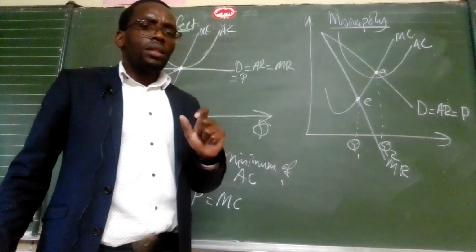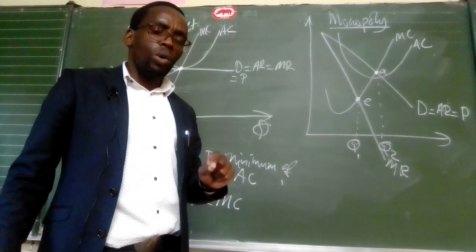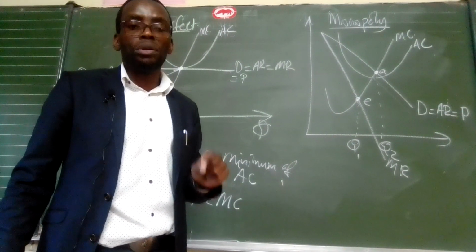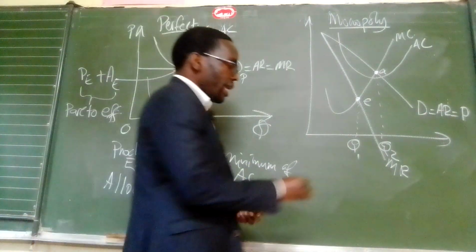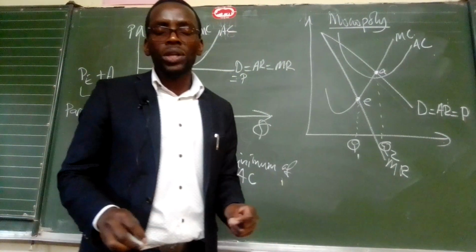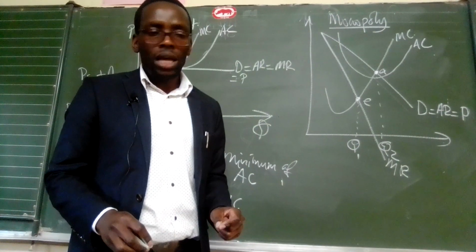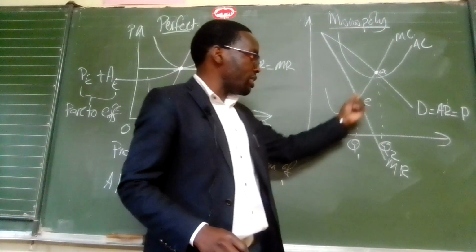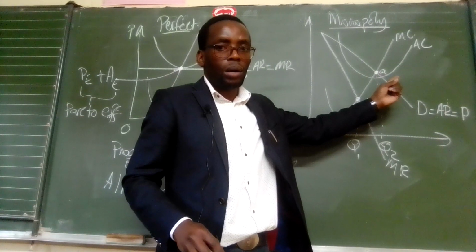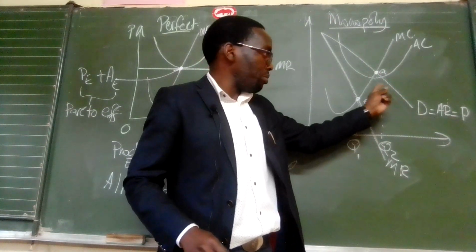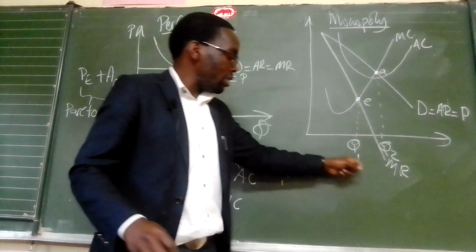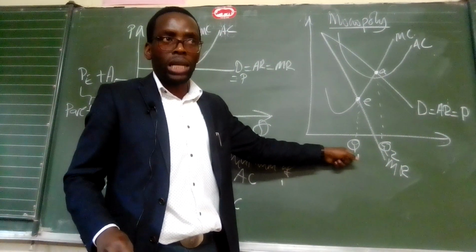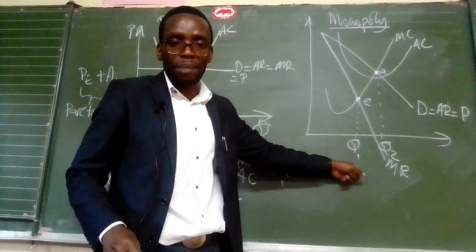Now, because businesses that operate in a monopoly only look at profit maximization, there is going to be a quantity that is lost by the society. In other words, there is going to be a loss in potential production, or potential output, because people were wanting Q2, but the firm is producing Q1 because that's the point at which profits are maximized.